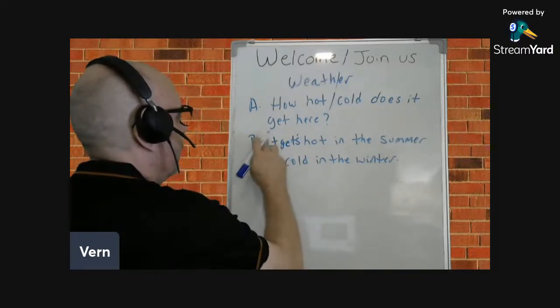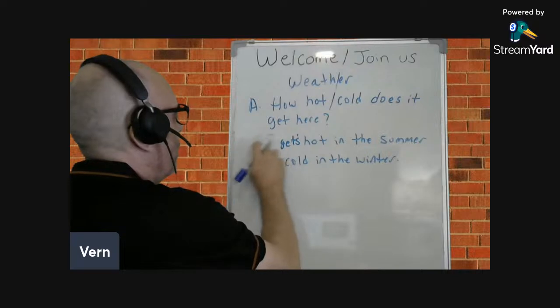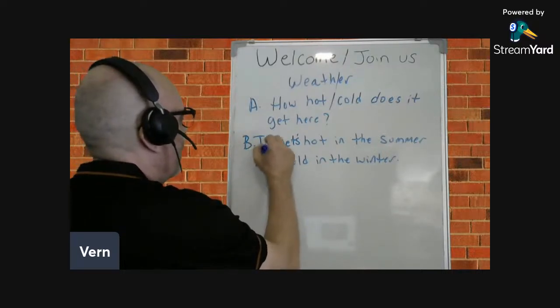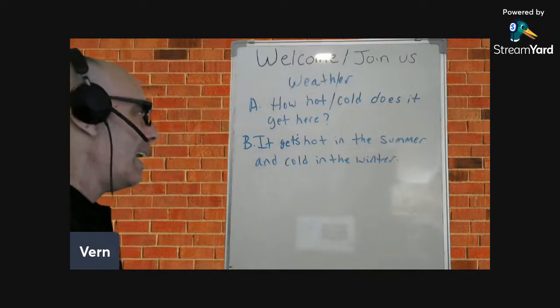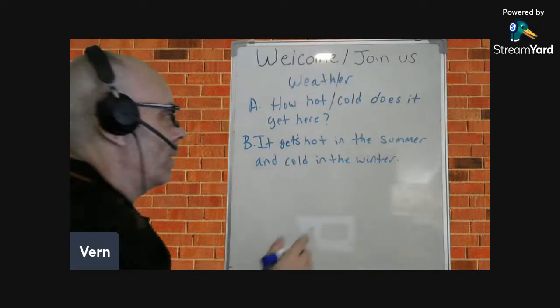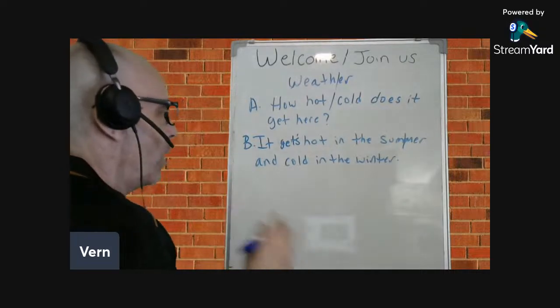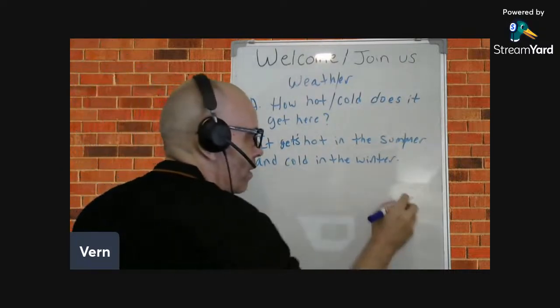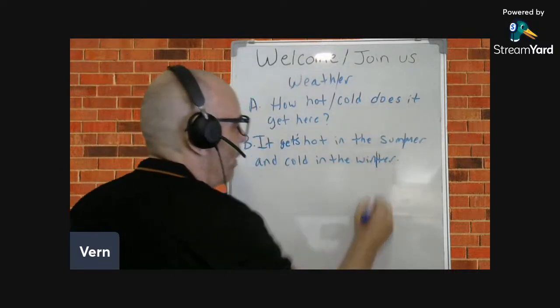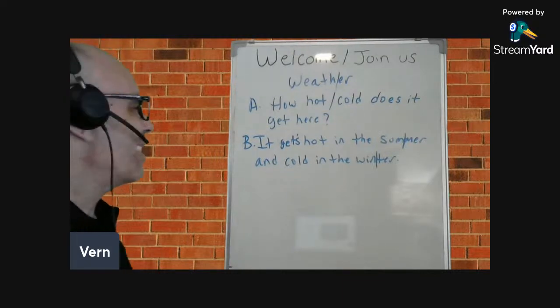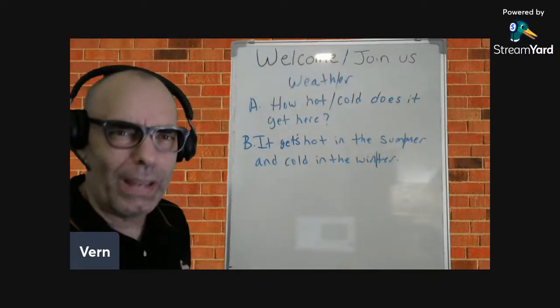It gets hot in the summer. Find our syllable break. Summer. And cold in the winter. Those are the breaks. How hot or cold does it get here? It gets hot in the summer and cold in the winter.